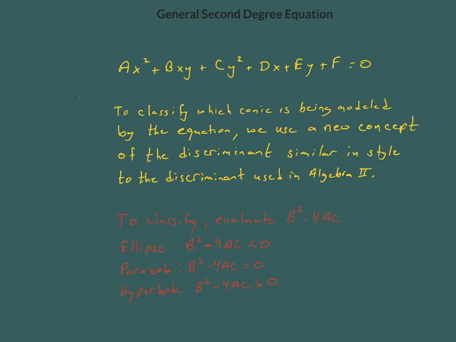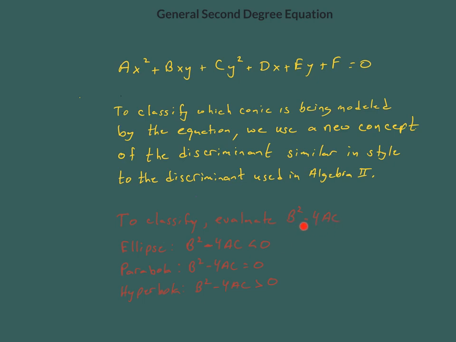But now the a, b, and c are these particular constants up here. A is the coefficient on x squared, b is the coefficient on x times y, and c is the coefficient of y squared. We will evaluate that, and if it comes out to be a negative number, then we're dealing with an ellipse.